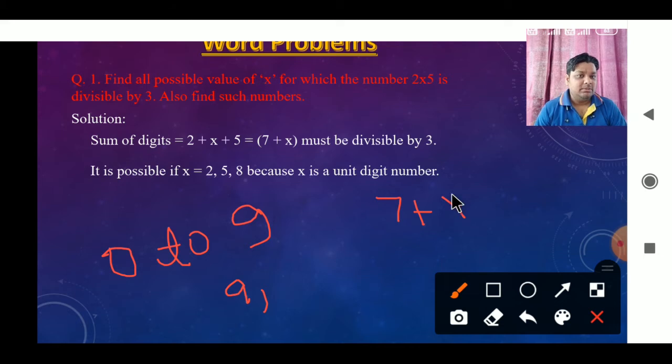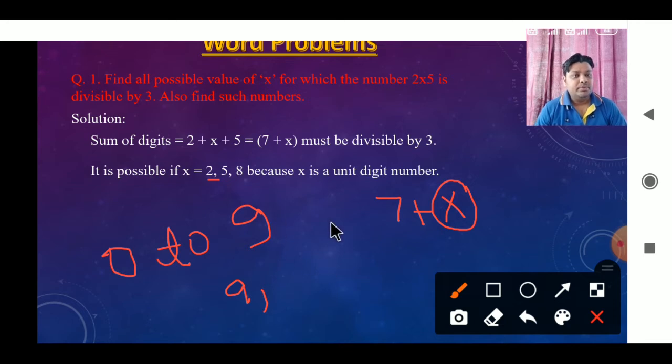It means what number we will write instead of x so that it will be divisible by 3? It is 9. If we increase 2 more, it will be 9. So the first digit can be 2.